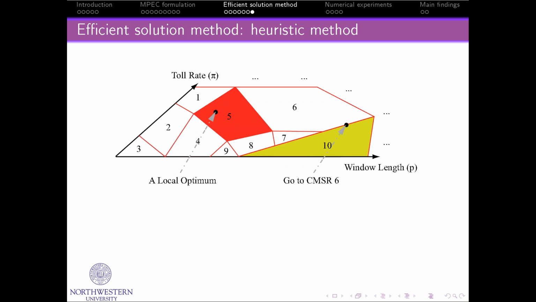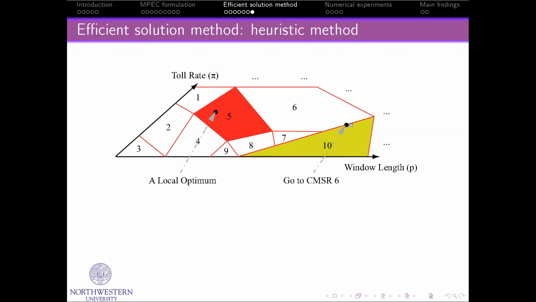We first consider the types of the solutions within each CMSR. There are only two types of solutions. The first type is that the solution is within the CMSR's feasible set, which means it's already a local optimum. The second type is that the solution is on the boundary of the CMSR.